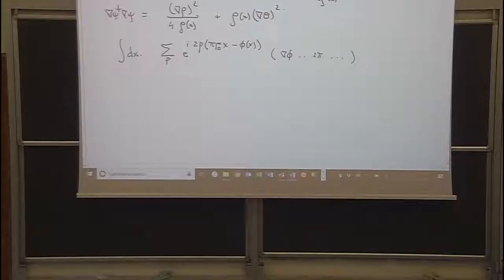Now, all fields vary smoothly, and I have here something that oscillates like crazy if p is different from 0. So the claim is that everything which contains oscillations will cancel when I do the integral, or will be less relevant, or I can throw it away because I don't know what to do with it. Whatever your degree of rigor, I'll throw them away.